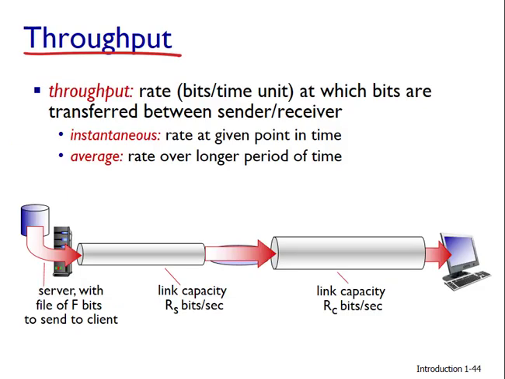The delay and packet loss are very important factors to use in evaluating network performance. Another factor is the rate at which data can be transferred from source to destination. This is called throughput. The amount of data that can be transferred across a link during a certain period of time would be throughput.